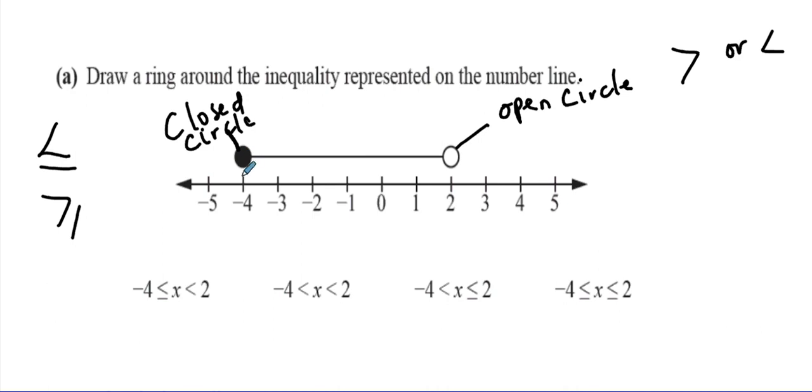Okay, so the inequality we see here is represented by this number line, and this shows all the numbers which are between -4 and +2.